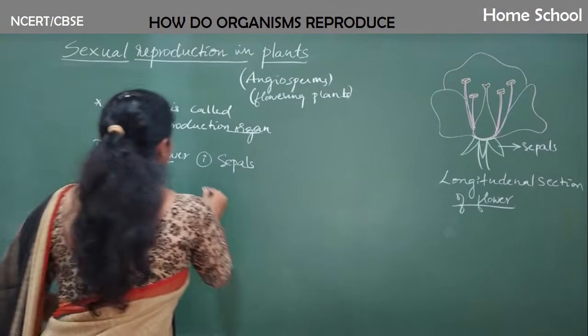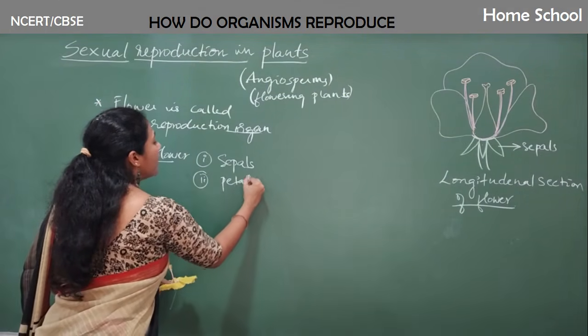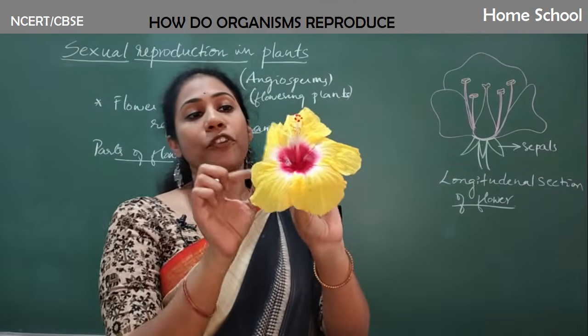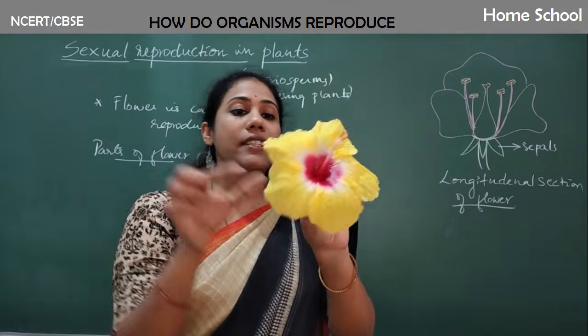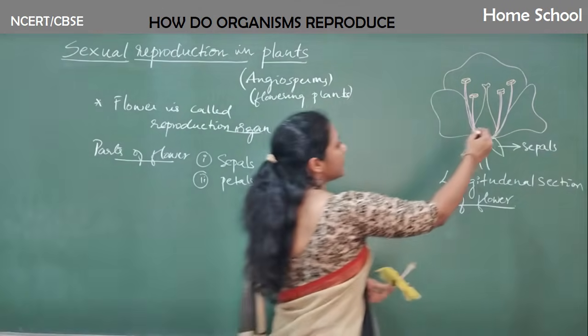The next part of a flower is petals, the colorful area of a flower. This colorful thing is what we call petals. So here, this is a petal.